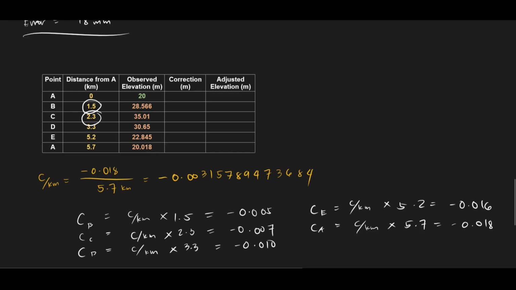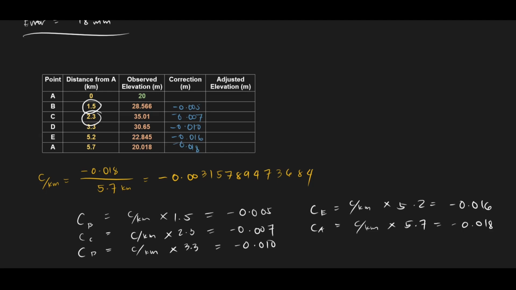Let's tabulate these values. Let's write it in another color, say blue: negative 0.005, negative 0.007, negative 0.010, negative 0.016, and negative 0.018.